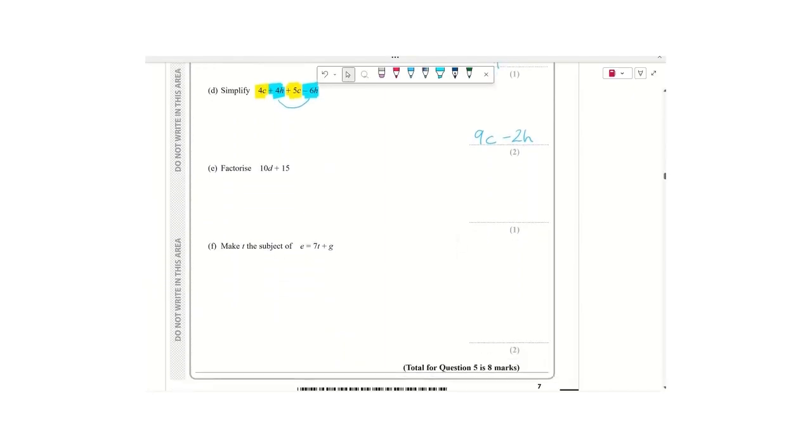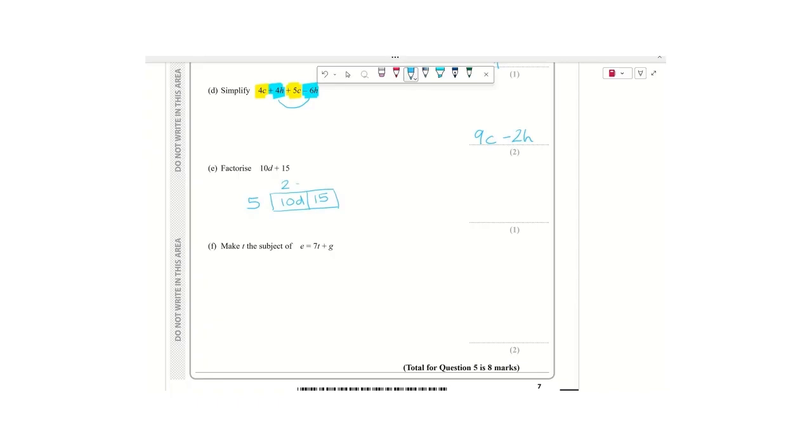So factorise is finding a number or a letter, in this case a number, that goes into 10 and 5. So 5 is the number that goes into 10 and 5. I'm going to write this way. And then how many 5s are there in 10D?